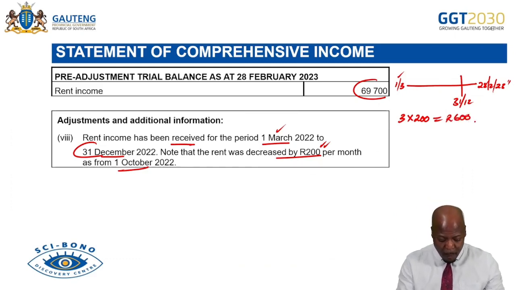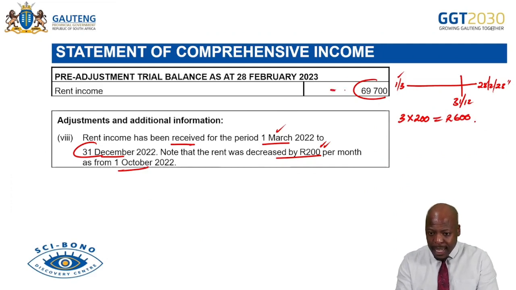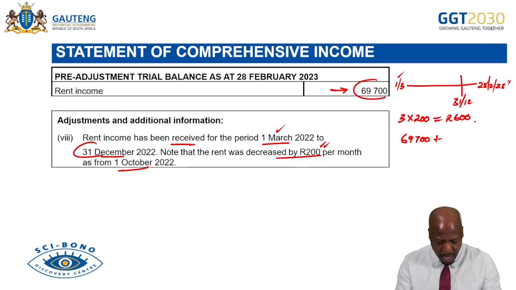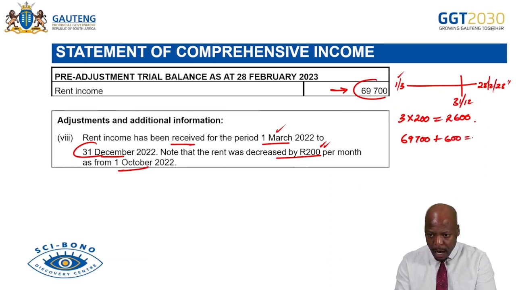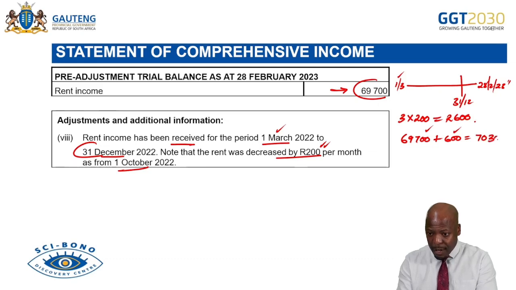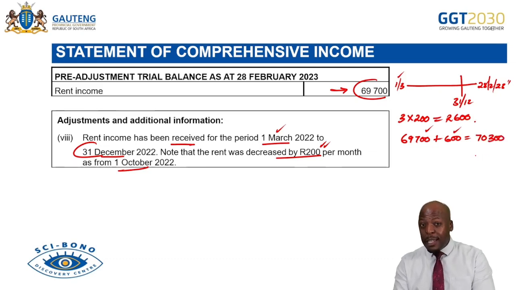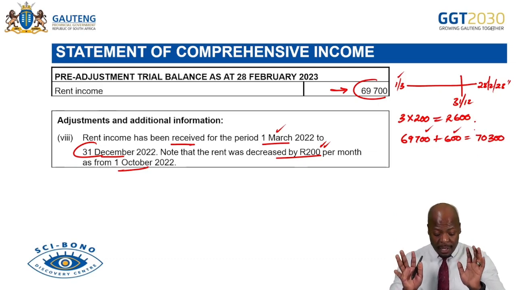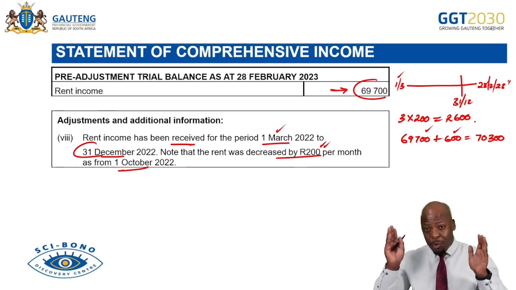So if I take the amount that I've received, which is 69,700, and add back this decrease of 600, how much do we get? It's 69,700 plus 600. We get 70,300. That now is rent for these 10 months from March to December.